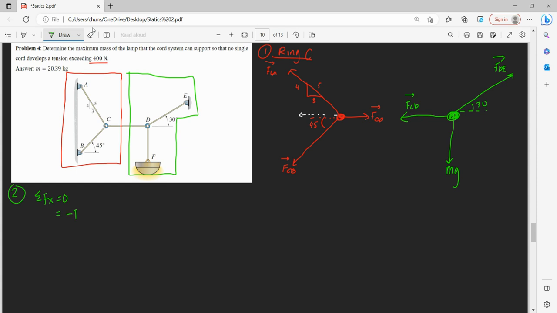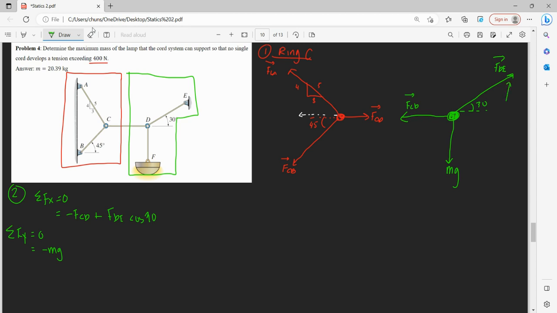So we want negative FCD, generally because there's just a lot less going on this side. That's in our negative x direction. Then this is plus FDE cos 30. In our Fy direction, we have negative gravitational force or negative weight.